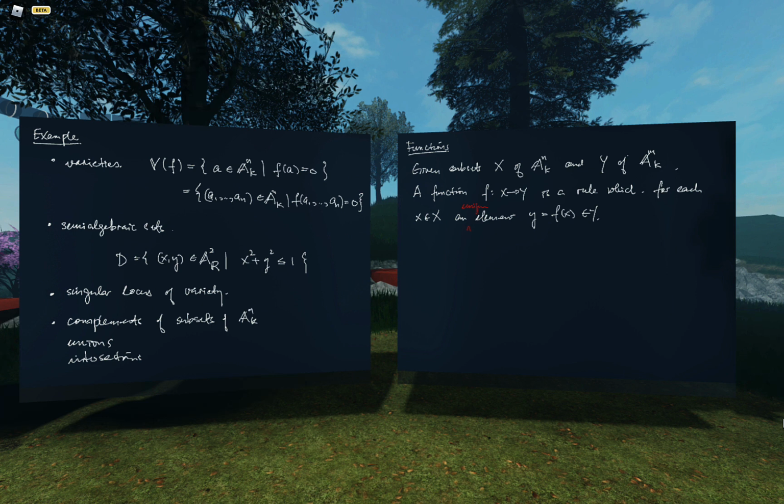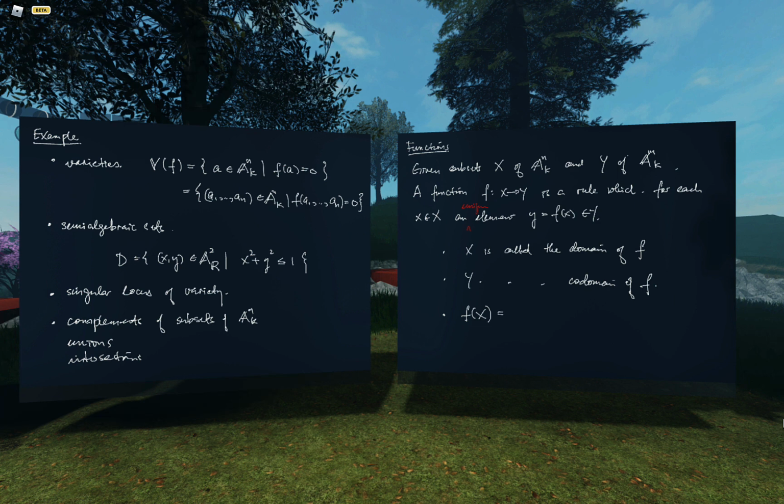And so some notation and terminology: X is called the domain of f, and Y is called the codomain of f. And I'll put this in here because I think it'll come up. This is called the range.